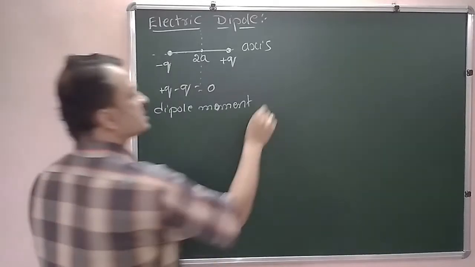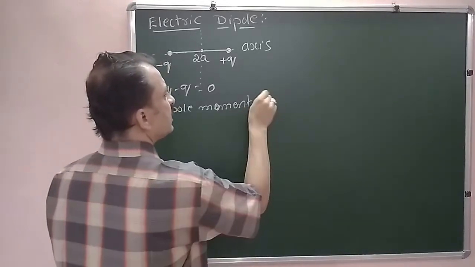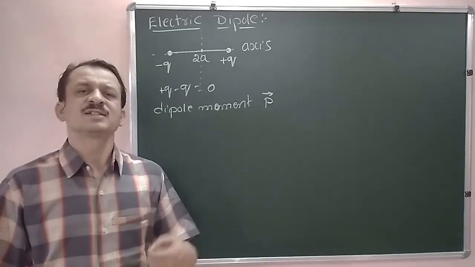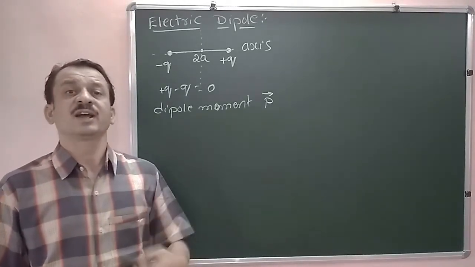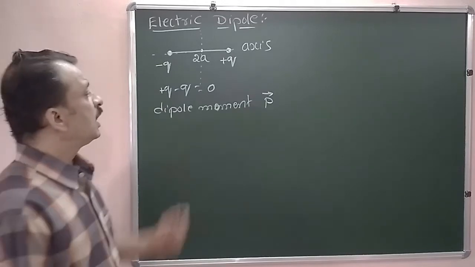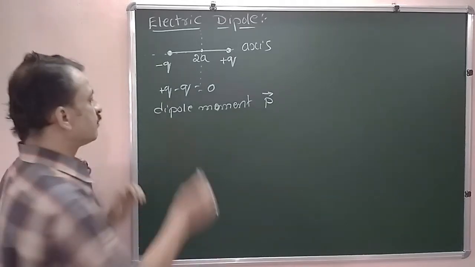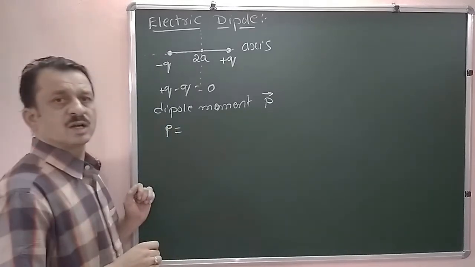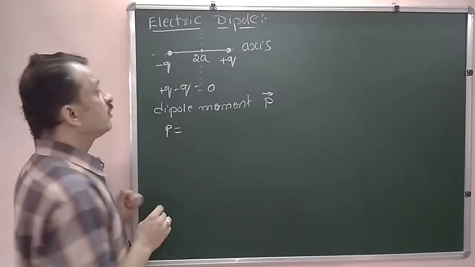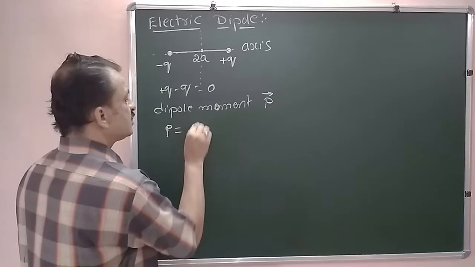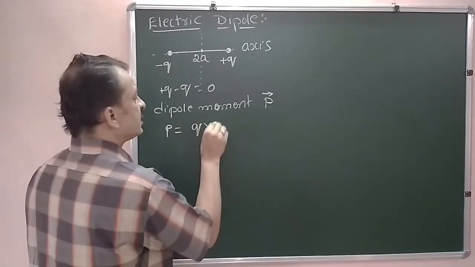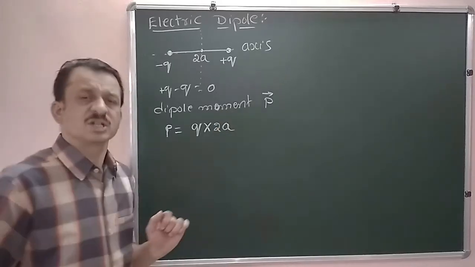Dipole moment is denoted by the letter P. It is also a vector quantity. Dipole moment is the characteristic of the electric dipole, and its magnitude is the product of either of the charges, any one of the charges, and the distance of separation between the two charges.